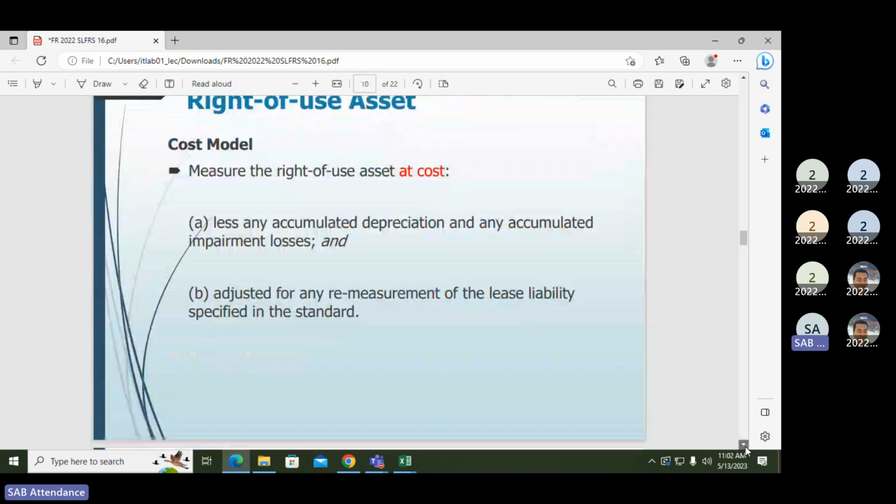Then instead of transferring the ownership, the lessee may be given an option to purchase the underlying asset at a price that is expected to be sufficiently lower than the fair value at the date the option becomes exercisable. So it is reasonably certain at the inception of the lease that the lessee will exercise the option.